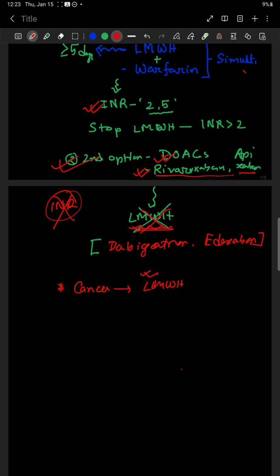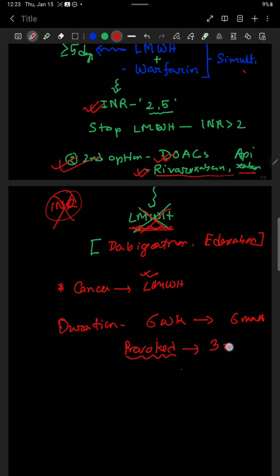Now how long should you use it? Normally the duration of your treatment is 6 weeks to 6 months. But for a provoked one, where you know the cause of this embolism or thromboembolism, you should go for 3 months of treatment. Okay, but in case of unprovoked, where you don't know the cause, you can go up to 6 months.